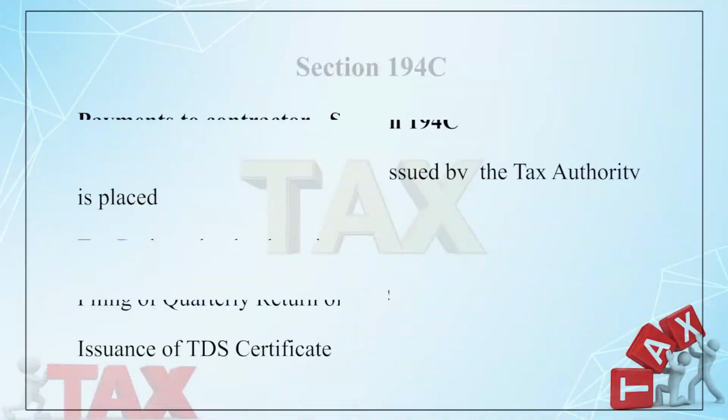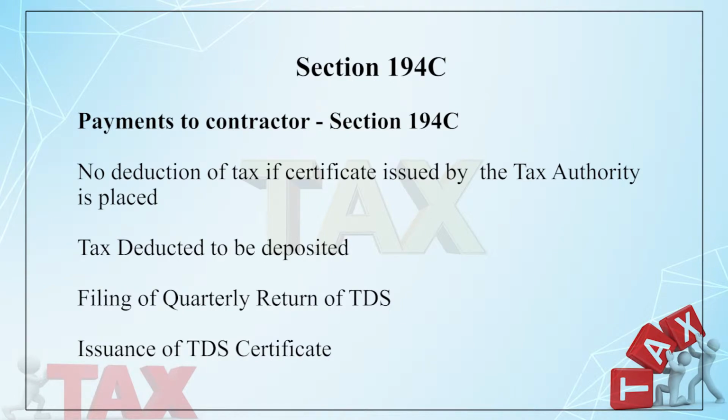And certain other jobs like construction of an outer wall or repair and maintenance of my building are taking place, for which I have engaged a contractor. So when a contractor has been engaged, a certain amount is payable to that contractor. The law says that if a contractor has been engaged, you need to deduct tax at a particular rate while making payment to the contractor.